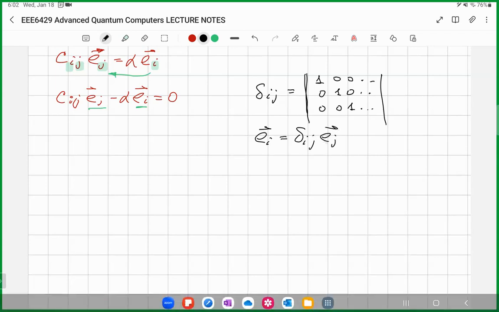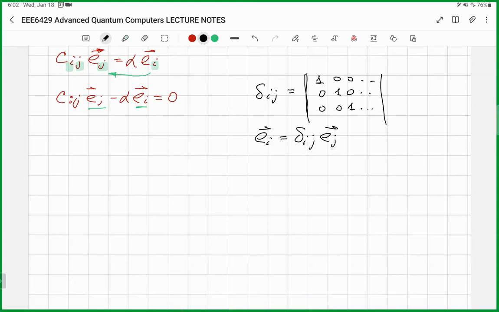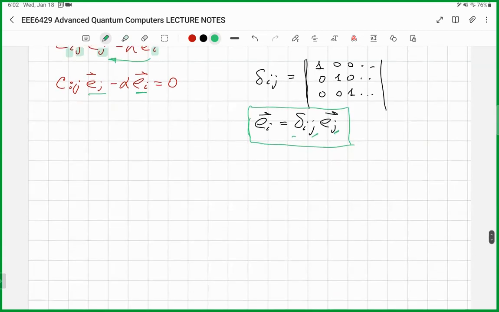All right, because this delta ij times e with component j is, again, a summation over these indexes j, and only those deltas that have the same i and j will survive eventually. So you will see that this always holds. You can write your vectors in this way.